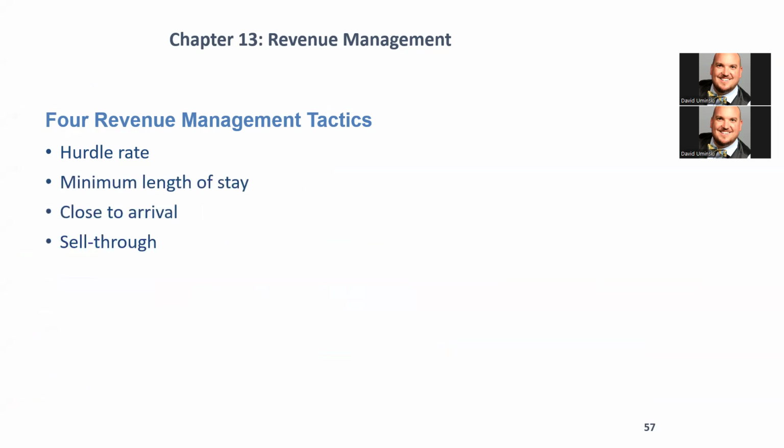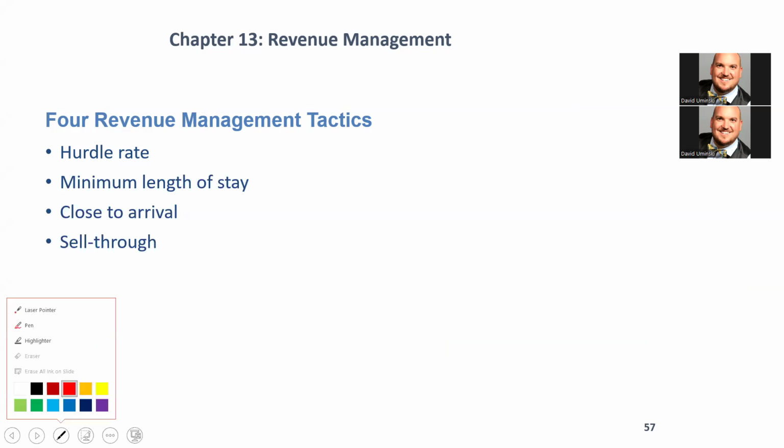Okay, so different tactics, and again, we're going to go through these in more detail in revenue management. This is just more of an introduction. Hurdle rate. Hurdle rate is the rate we want to get over, right? So think about the rate that we want to achieve for that day.